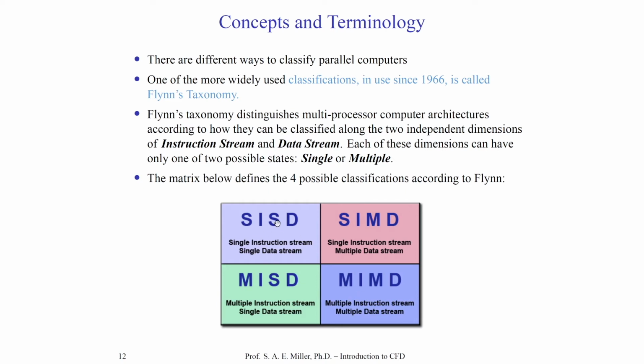So if you have a computer with one CPU with classic memory, it's in the first category. If you have a computer with multiple CPUs and one memory bank, it's in the lower left category. Finally, if you have multiple CPUs with multiple memory, which is distributed, it's likely in the lower right. Almost all clusters today are put into this lower right classification of MIMD, multiple instruction stream and multiple data stream.